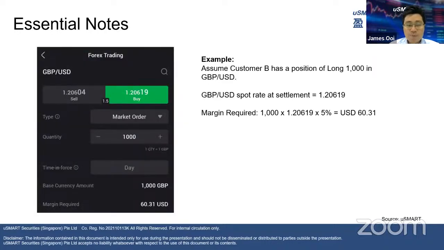For example, if you want to enter a contract to long 1,000 pound USD currency pair at the spot rate here, and you got it at 1.20619, then the margin required of you would be 1,000 multiplied by 1.20619 multiplied by 5%, which equals 60.31 US dollars.